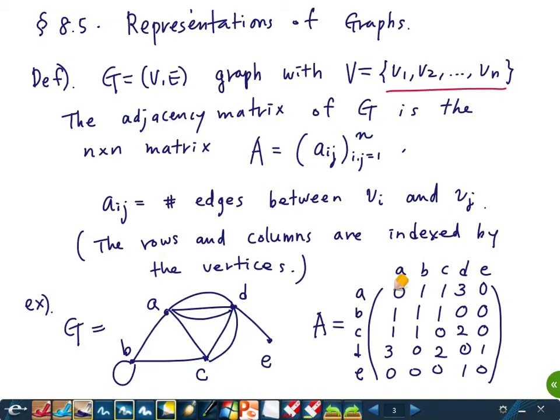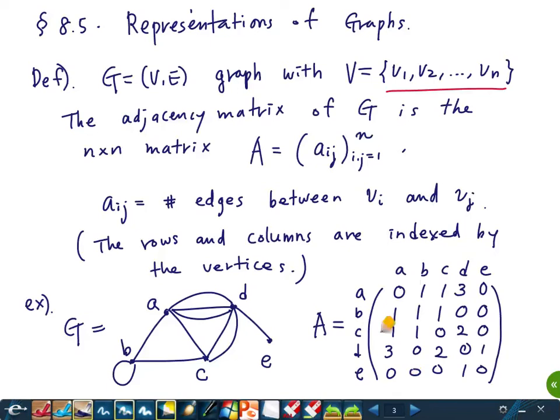Okay, so this is not a simple graph, but if you look at the adjacency matrix, can you tell immediately whether the graph is simple or not? Suppose that you haven't seen this graph yet. You are only given this adjacency matrix. Can you say whether this is a simple graph or not?